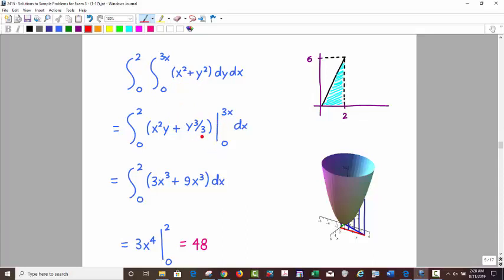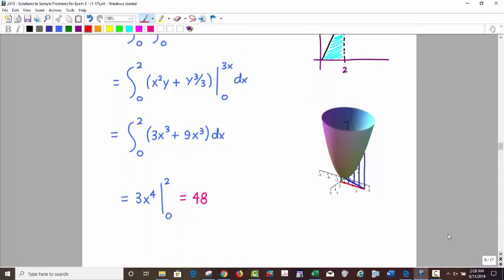Plug in 0, plug in 3x, so you get x squared times 3x will be 3x cubed. And then you have 3x all cubed, which will be 27x cubed. 27x cubed divided by 3 will be 9x cubed. Oh, okay, so you can see, now they're like terms. You can integrate them separately if you don't recognize that they're like terms. But that's what I did. I added them together and treated it as 12x cubed. And then the antiderivative of 12x cubed would be 12x to the 4 divided by 4, which is 3x to the 4th. We put in 0 and 2.